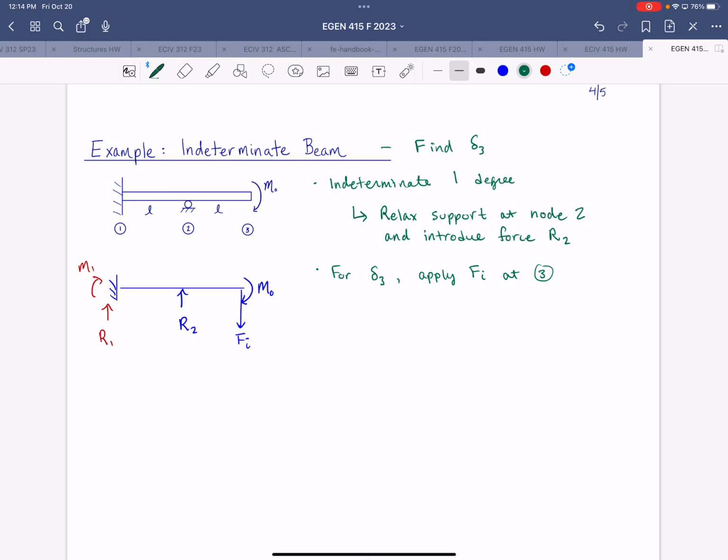All right, so when I was saying we'll treat that reaction R2 as an applied force, that comes into play in the next step. So we're going to write our equilibrium equations, but we're going to solve for the reaction forces at the fixed end that we didn't relax in terms of R2, Fi, and M naught. So we're just treating that R2 as an applied force in our equilibrium equations.